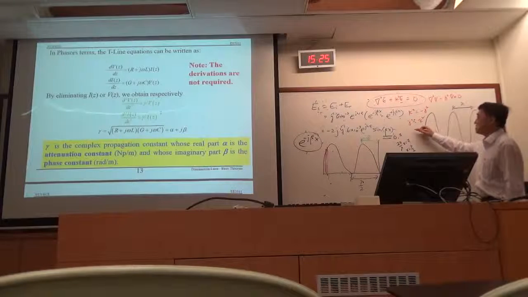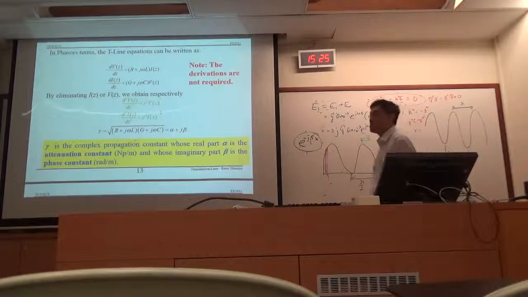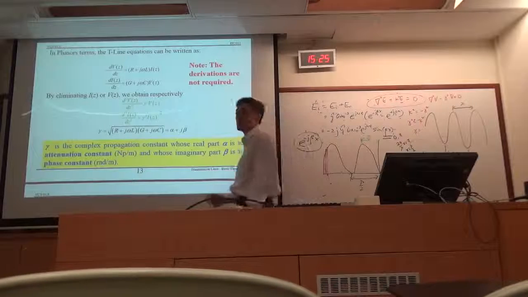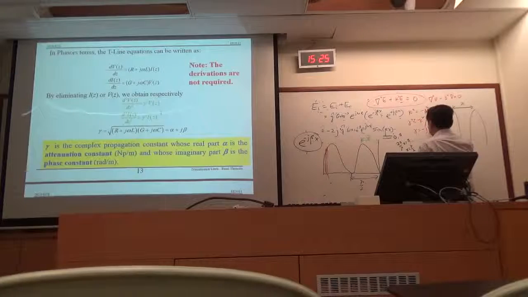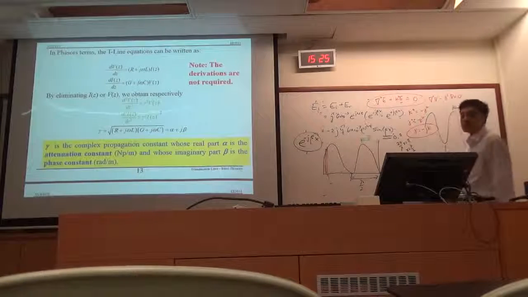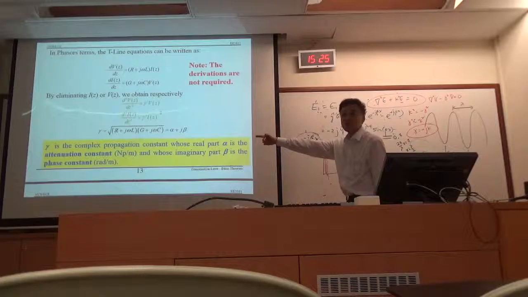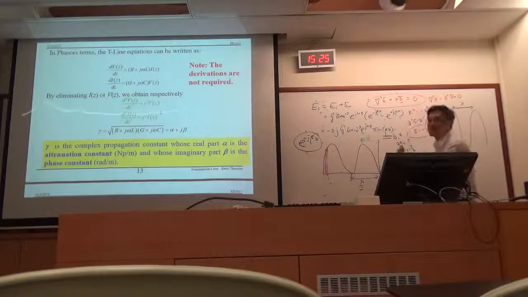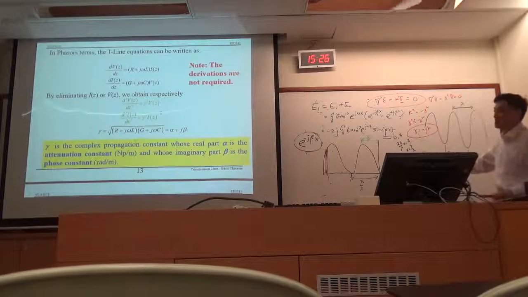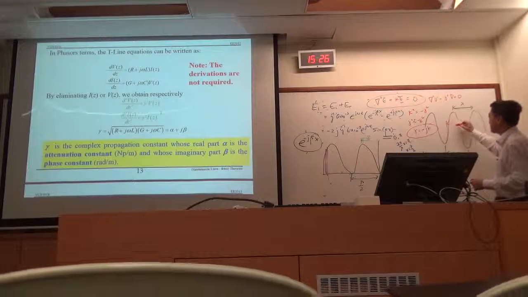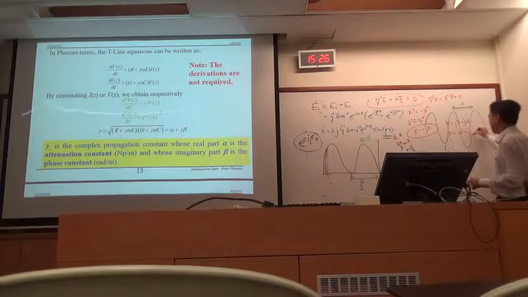So what is gamma equal to? Gamma is equal to minus jK. If you substitute gamma equal to minus jK in here, it is exactly the same equation, because K is equal to beta minus j alpha, and gamma is equal to alpha plus j beta.